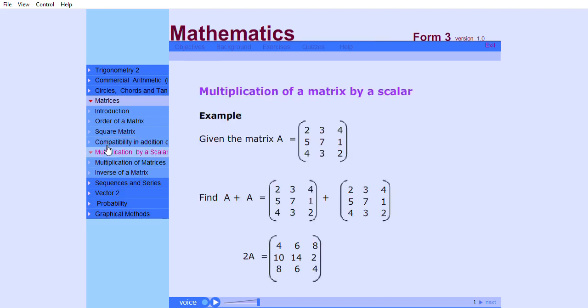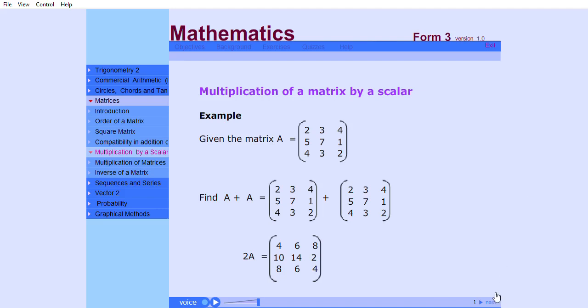On compatibility, introduce the idea of scalars. Given the matrix A is equal to matrix 2, 3, 4, 5, 7, 1, 4, 3, 2.